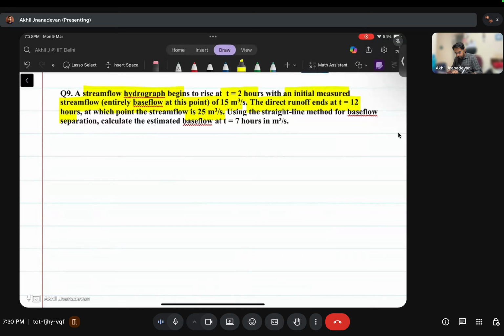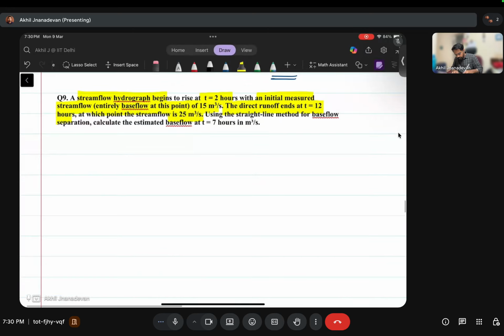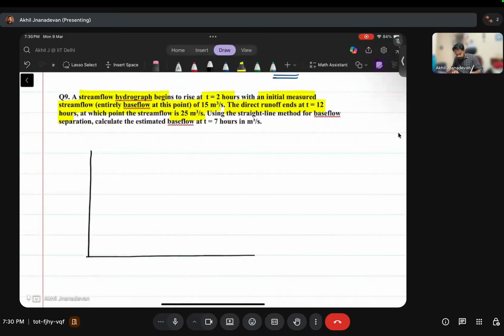So basically, you can draw the hydrograph. Initially it is the recession limb till this point. That point is t equal to 2 hours.